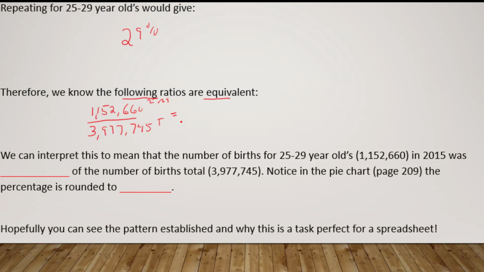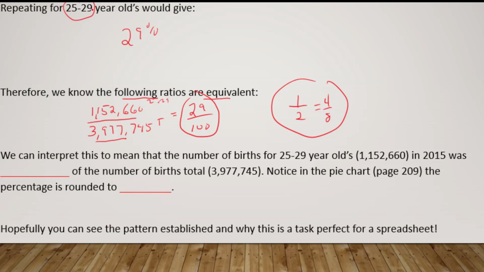That is equal to 29 out of 100, in the same way that 1/2 is equal to 4/8. They're equivalent, right? It's just another way of talking about it. You get your mind around this, and it's easier to understand what part of the total births can be attributed to 25 to 29-year-olds. So it's rescaled. So that was 29% of the number of total births.